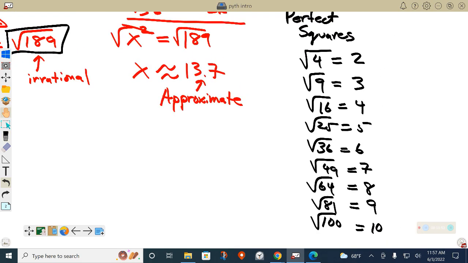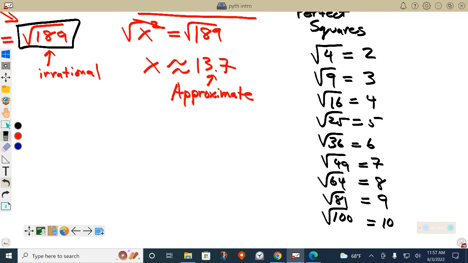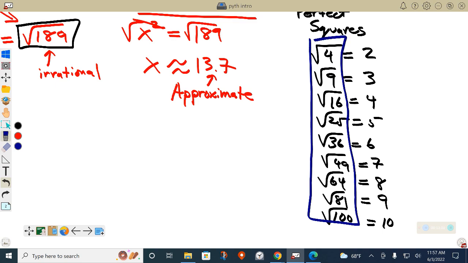So, perfect squares are these numbers. Perfect squares. So just list them with me. You'll see where I'm going right now. You're probably asking, why is he listing perfect squares? What's the point? You'll see right now. It has to do with simplifying the square root of 189.